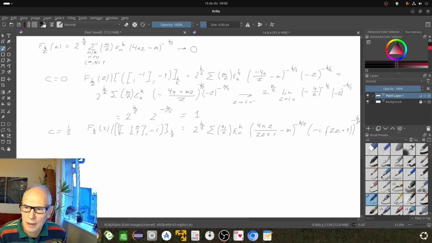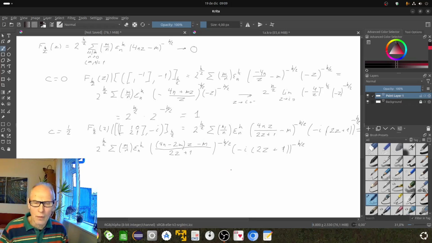So minus k halves, and we reduce it for n minus 2m z minus m. So we consider the square, then this will cancel and we only get this.